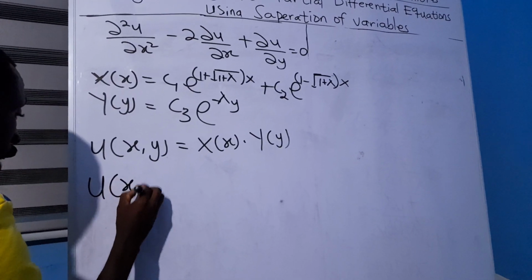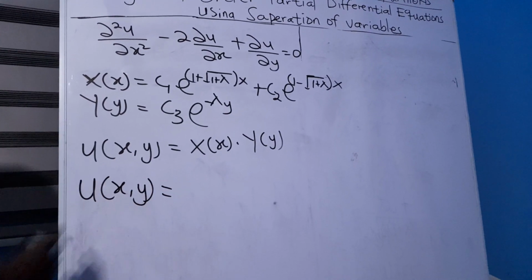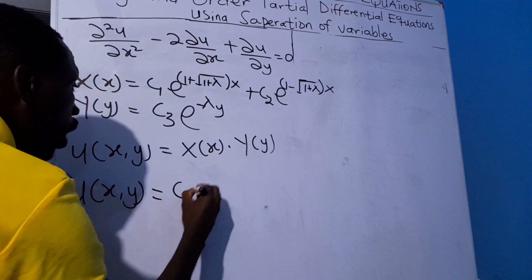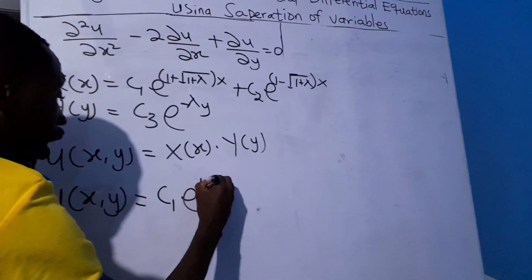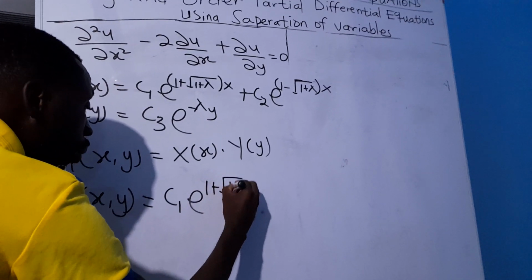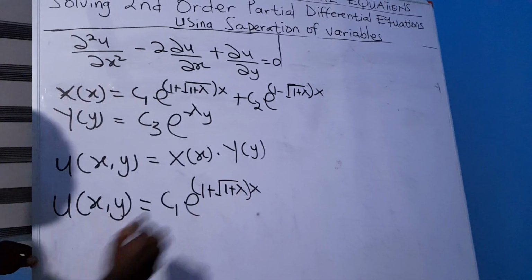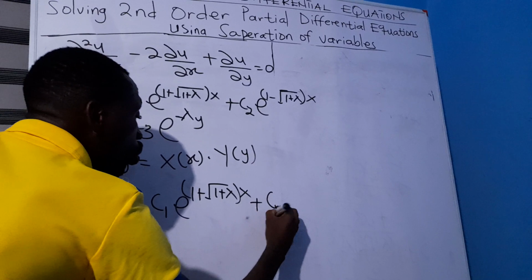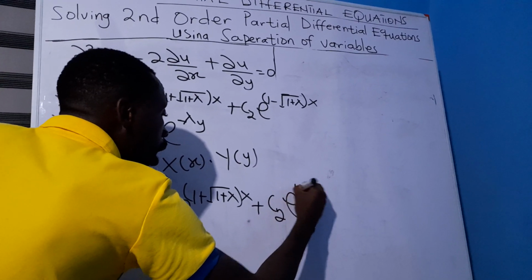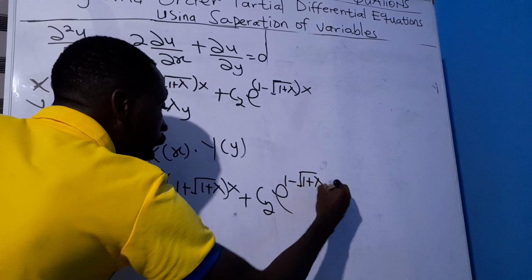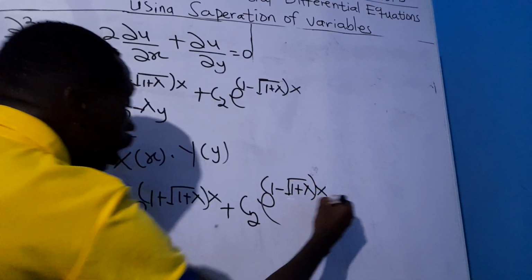So our u of x, y will be equal to a function of x. What's the function of x? It is c1 e exponent (1 plus the square root of 1 plus lambda) x plus c2 e exponent (1 minus the square root of 1 plus lambda) x.